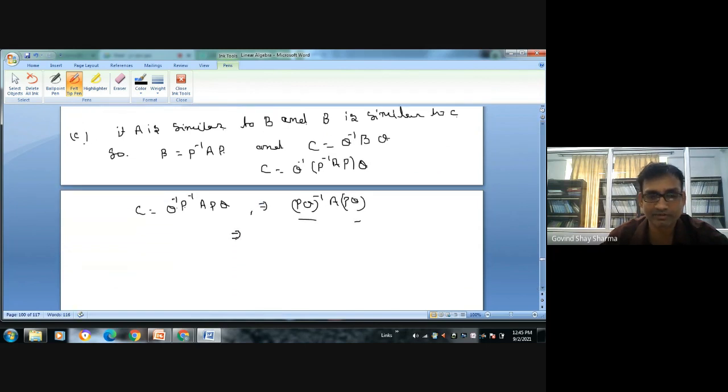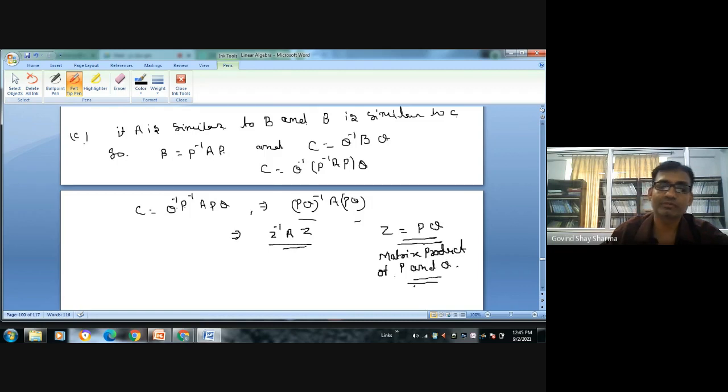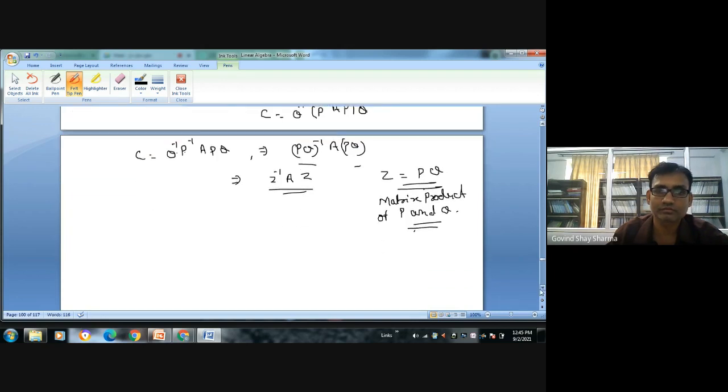So we can give it name like Z inverse, and Z is the matrix product of P. That means A is similar to, or C is similar to.